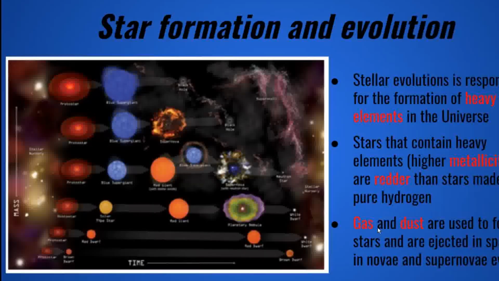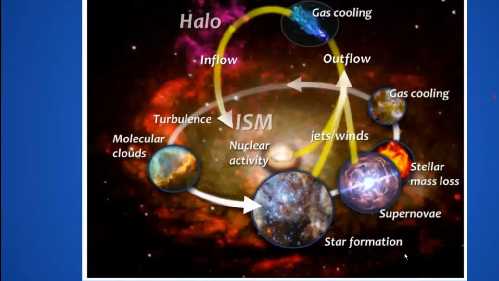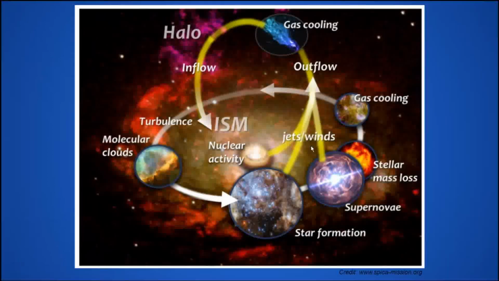So the gas and dust that are used to form a star after a star explodes, for example, they are changed, they're different because they have different elements in them. And so this happens, star formation, supernova explosion, they push material outside the galaxy, and then the material falls back into the galaxy to form new stars, and so on, until the gas runs out.